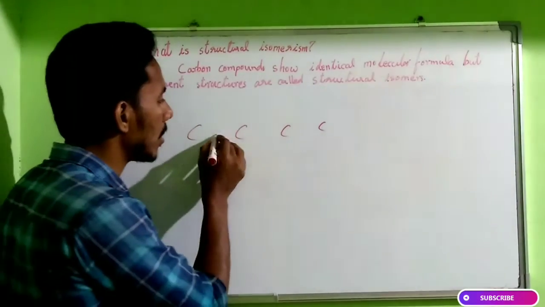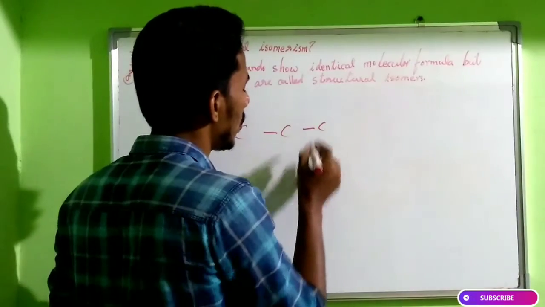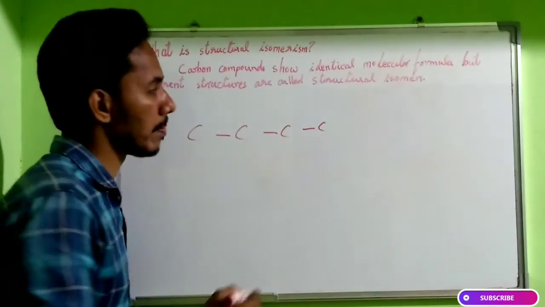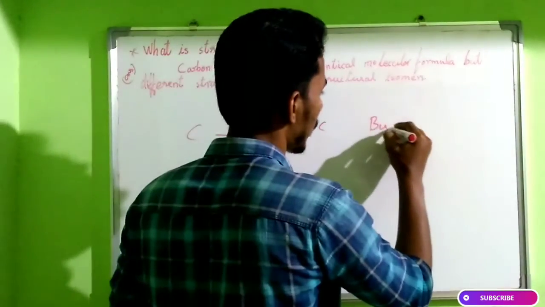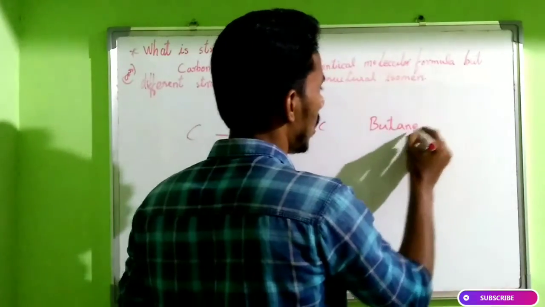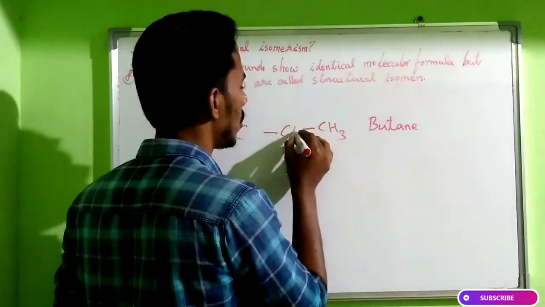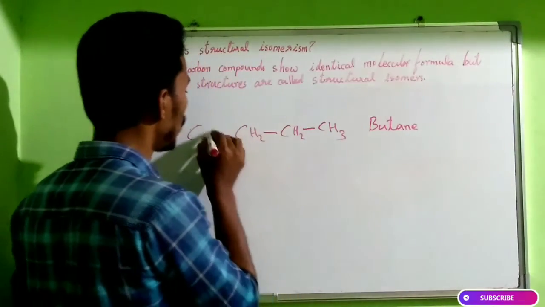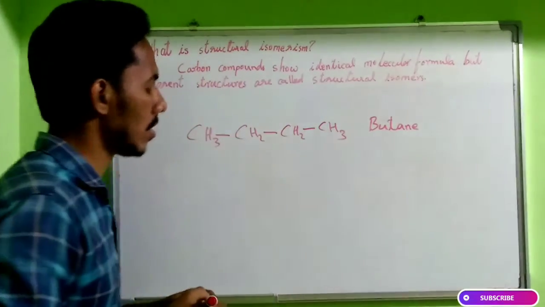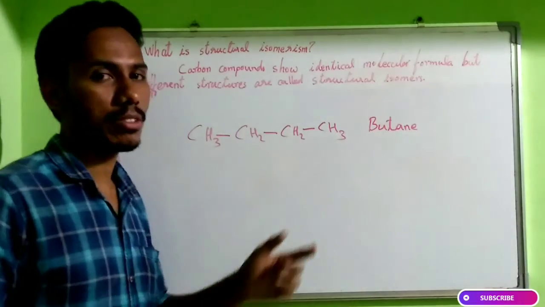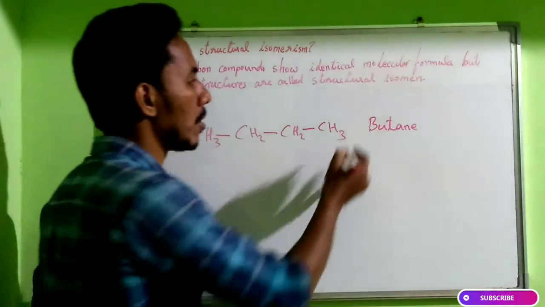Let us draw butane. ANE means single bond, and left 3, 2, 2, 3. CH3, CH2, CH2, CH3 is the structure of butane.